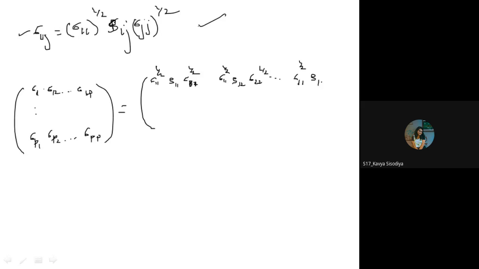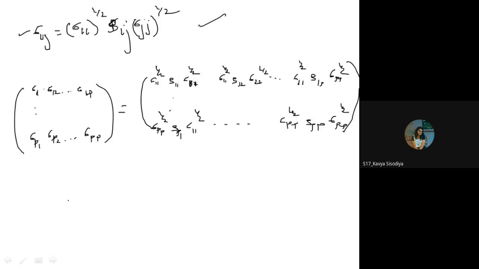So it is rho 1p, sigma pp raised to half. Likewise I can write sigma p1 as sigma pp raised to half, rho p1, sigma 11 raised to half. Likewise it is sigma pp raised to half, rho pp, sigma pp raised to half. We can write it.